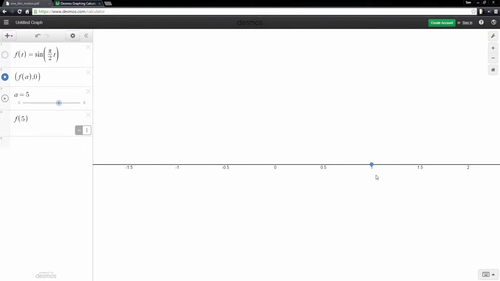So that's what the position function does. The position function tells you where the particle is located on the number line at any given time. What Desmos does here is basically allow you to let time run, and it automatically calculates where the point is going to be located, so you can actually see the motion involved.